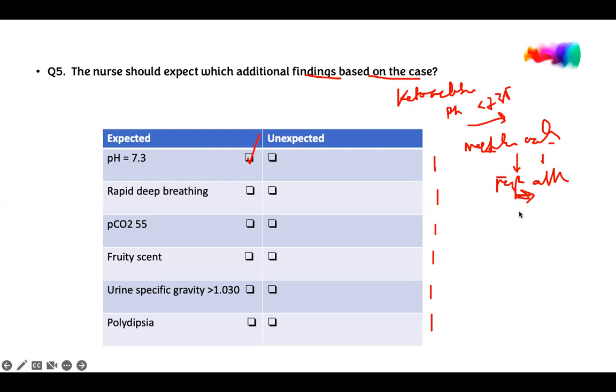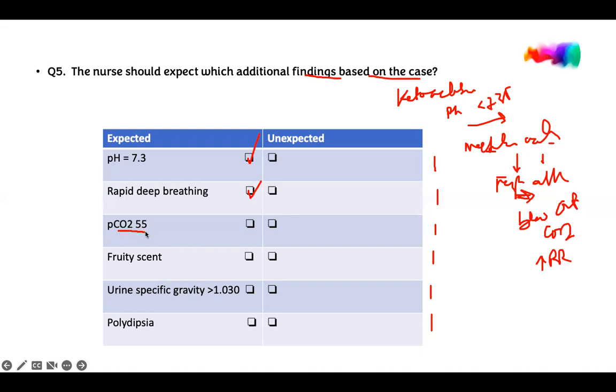You're trying to blow out your CO2. How do you blow out your CO2? You increase your respiratory rate. So they do something we call deep, rapid breathing, and that is Kussmaul breathing, in order to get rid of the CO2. So this is good.